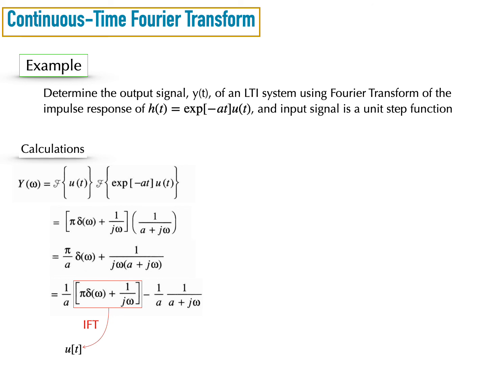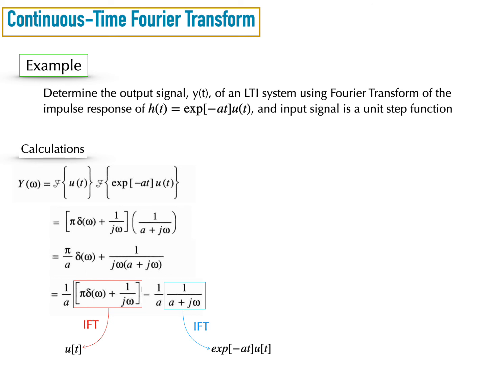And the second one is the Fourier transform of the one-sided exponential function, right? So when we apply the inverse Fourier transform on this, we get our one-sided exponential function back.